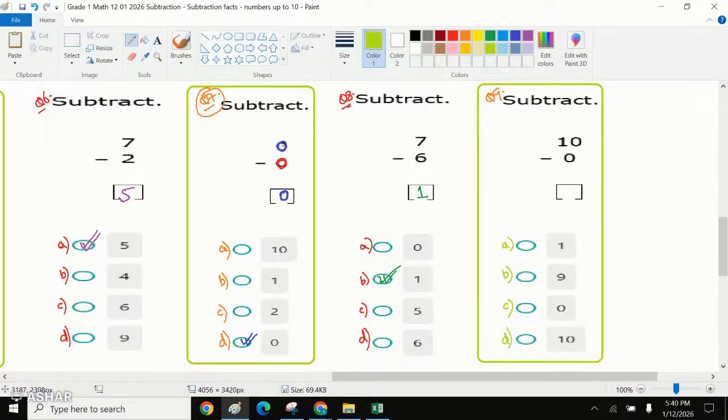Semi, if we subtract 0 from 10, the answer should be? See, we know that whenever we subtract a 0, right, from any number, that means the answer stays the same.